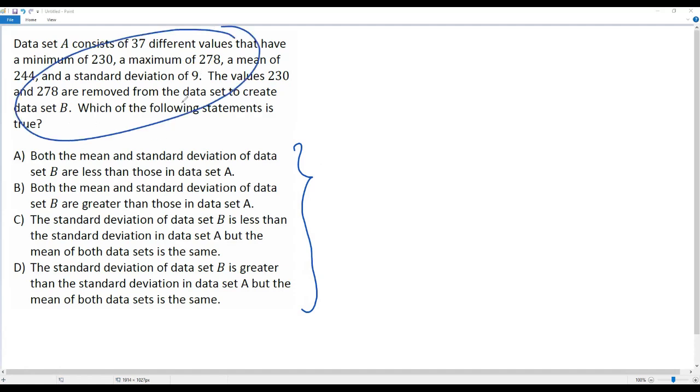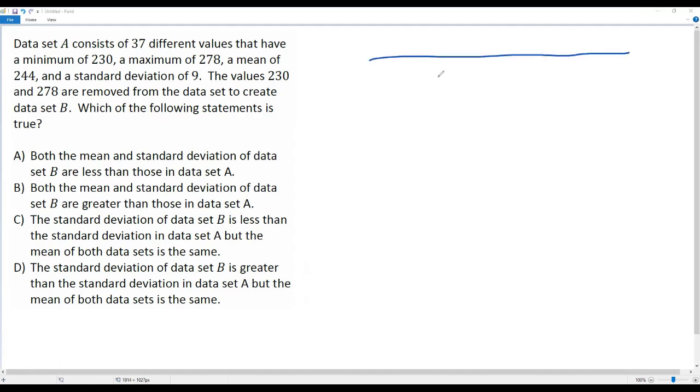Now let me take a number line over here. Since all the 37 values in data set A are different, we'll have only one minimum value and one maximum value. That is, we'll have 230 over here and 278 over here. When I remove this minimum value and maximum value, then the data set will be restricted.